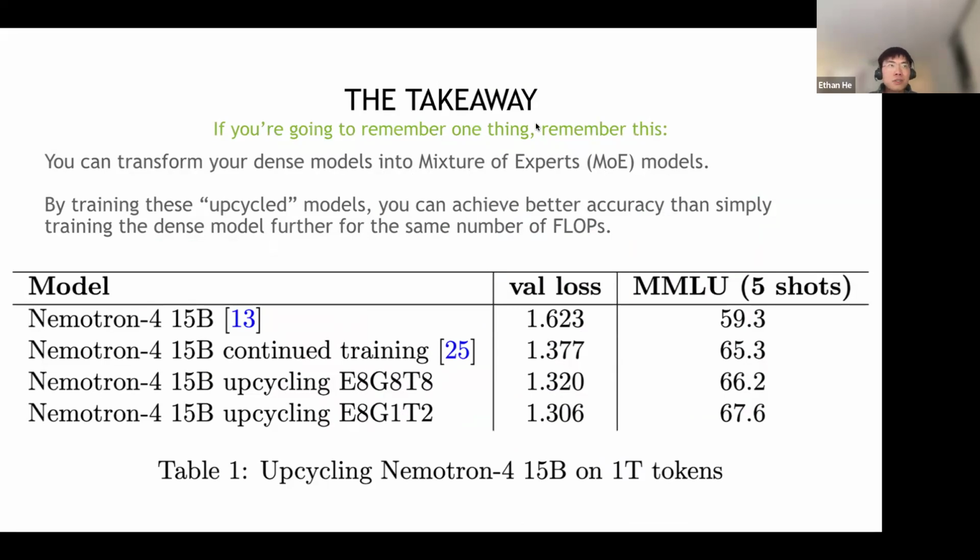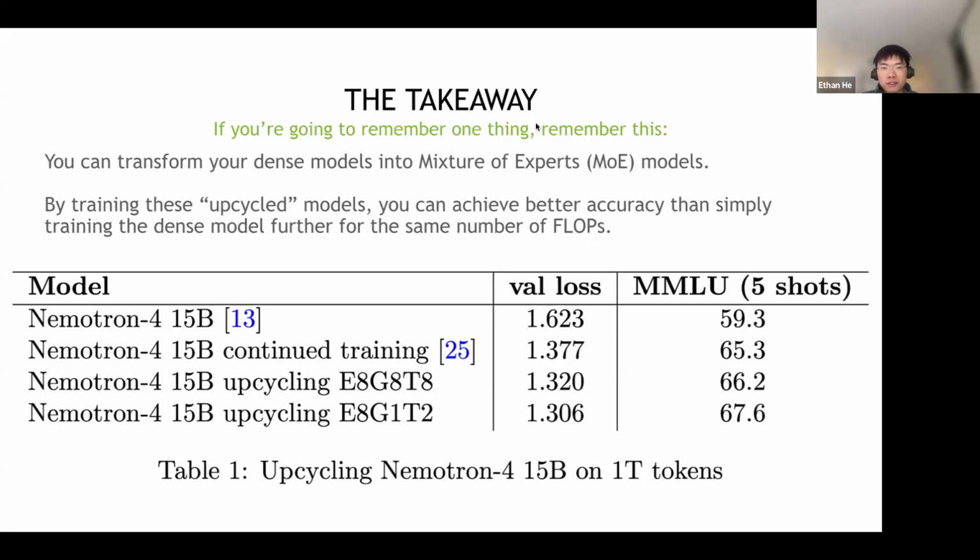The context is we have so many big dense models, for example, Llama 405B, and from NVIDIA we have Nemotron 340B. These models are huge. It's very expensive to retrain an MoE variant of them. If we want to further improve these models, you can upcycle them into MoE to achieve better accuracy.